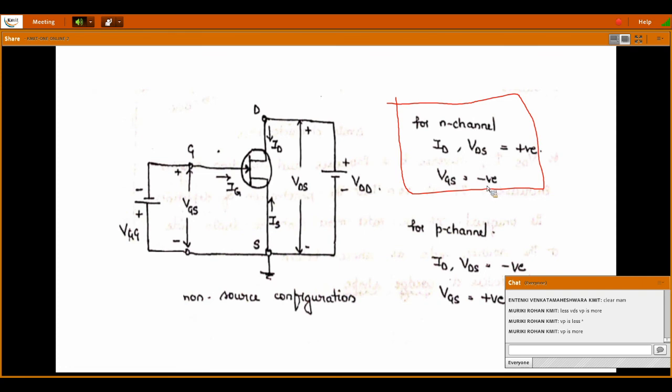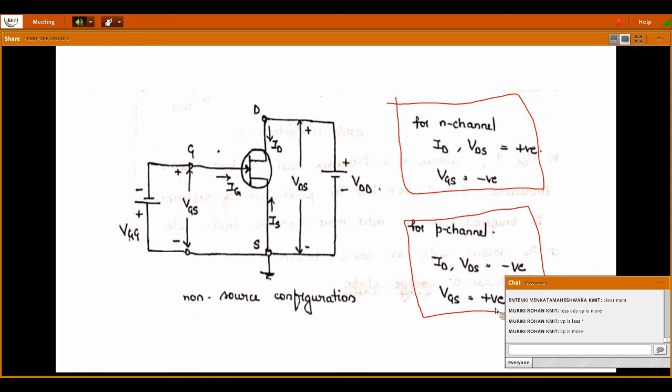And everything is the same for P-channel JFET also. Only thing is you need to change the polarities. That is, ID and VDS will be negative and VGS will be positive. And in N channel, the carriers are electrons, whereas in P channel, the carriers will be holes.